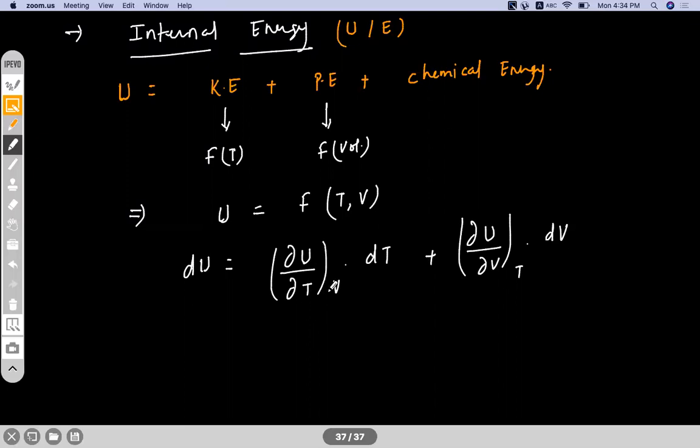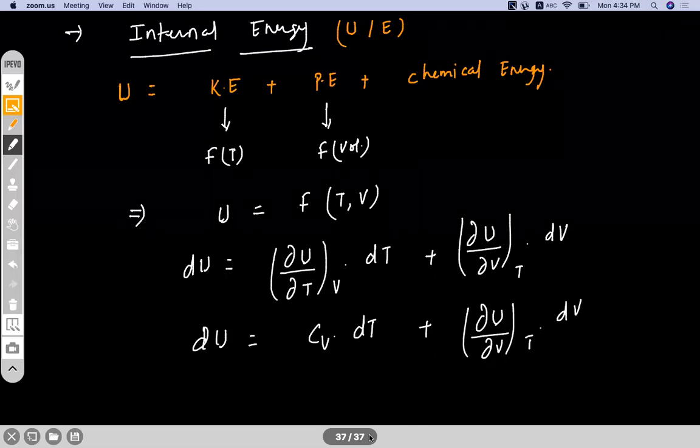dU/dT at constant volume is what? dU is equal to Cv dT plus (∂U/∂V) at constant temperature into dV. Is it clear? This is for 1 mole.